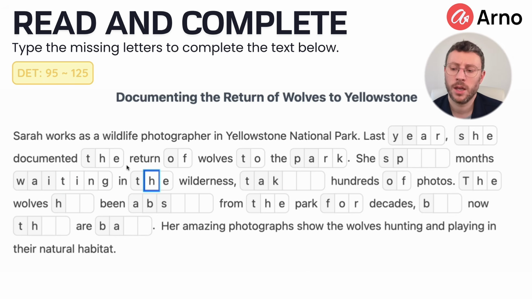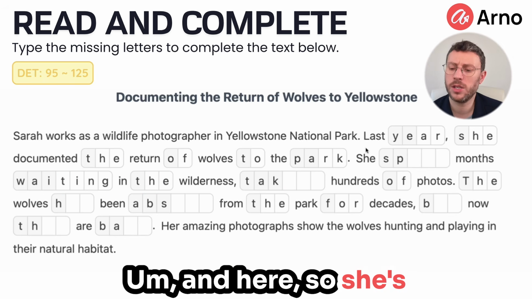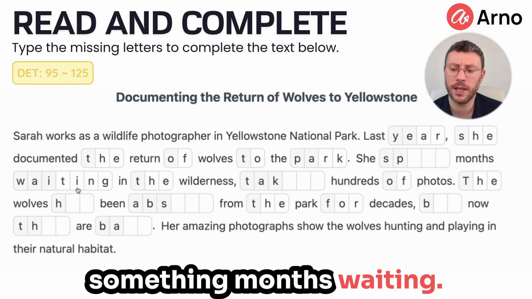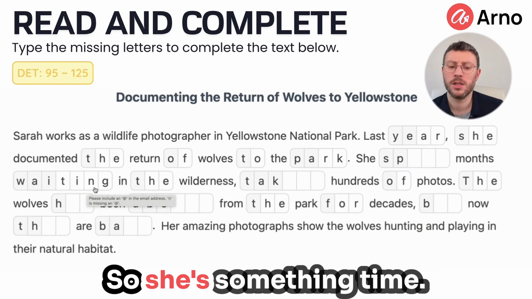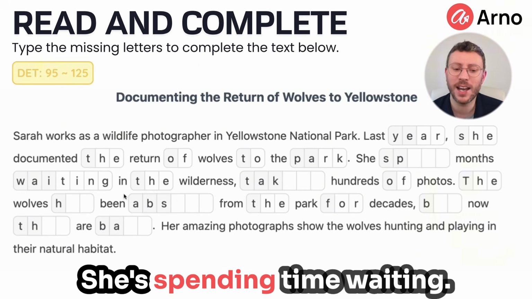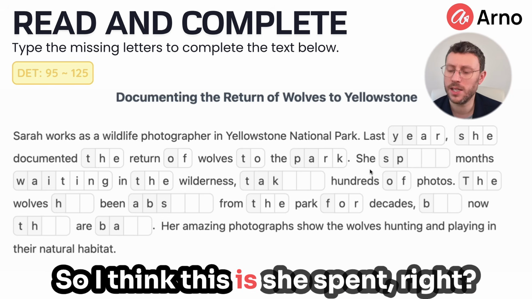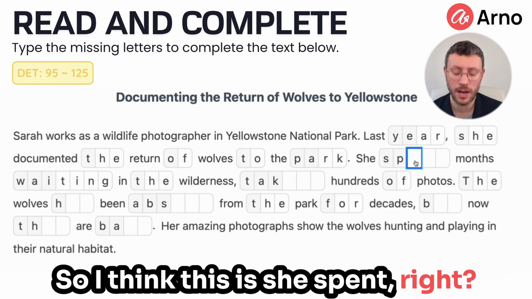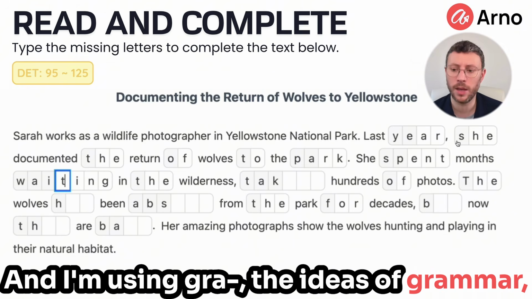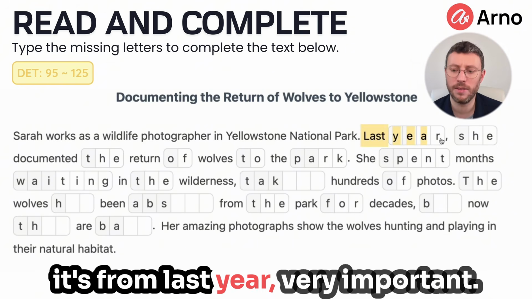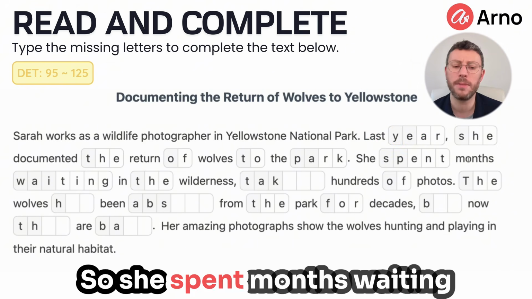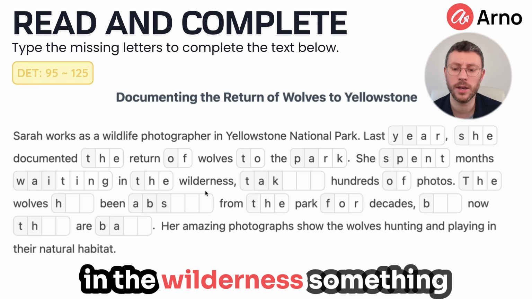Waiting. And here, so she's something months waiting. So she's something time. She's spending time waiting. So I think this is she spent, right? And I'm using the ideas of grammar. It's from last year, very important. So she spent months waiting in the wilderness.